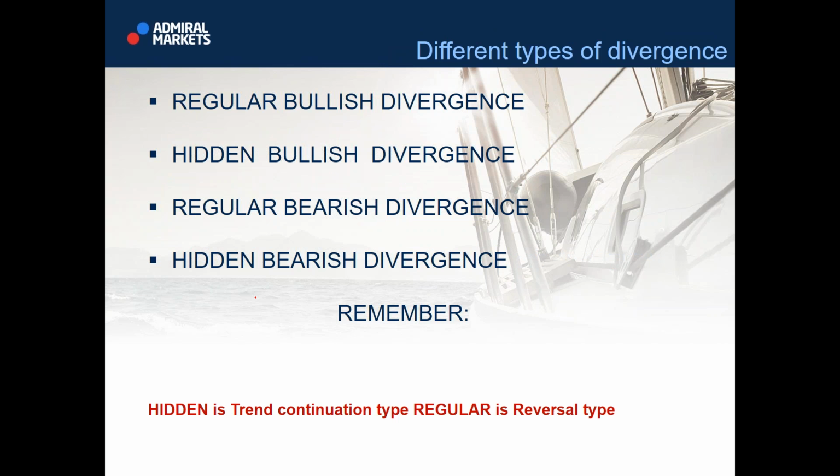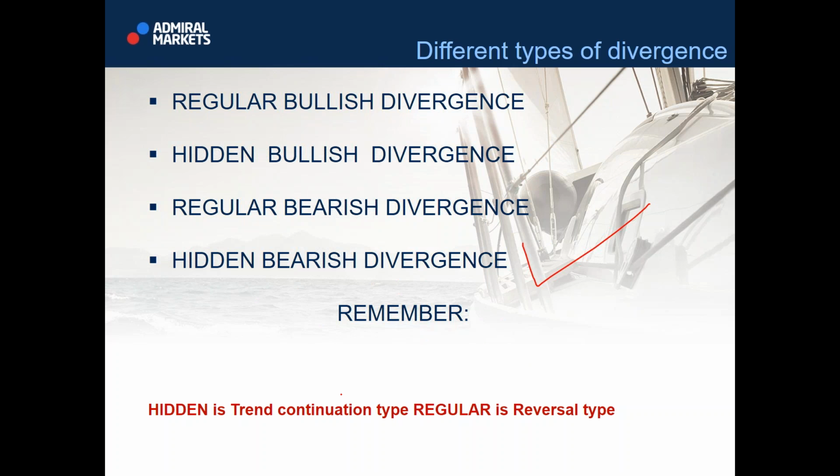And that is why we will start with different types of divergence. So we have regular bullish divergence, hidden bullish divergence, regular bearish divergence, hidden bearish. And one more type, which I will tell you about during this webinar, called exaggerated divergence. We will cover it.